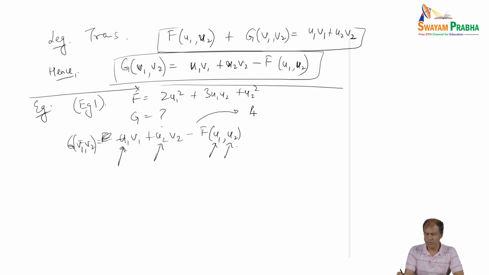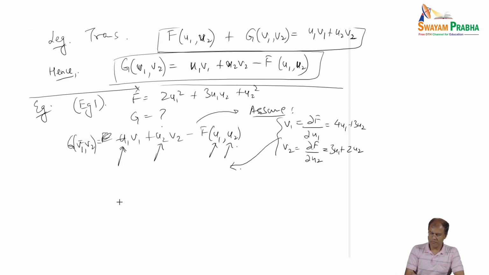In the Legendre transform we can assume that v1 is partial f partial u1 and v2 is partial f partial u2, and we see that this is 4u1 plus 3u2, and this is 3u1 plus 2u2. From here we can evaluate all these values v1, v2.